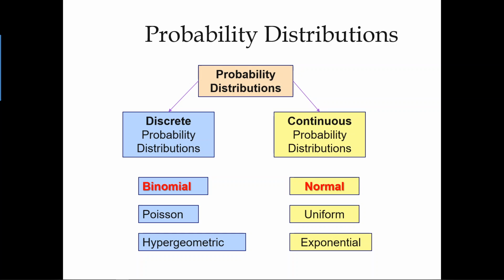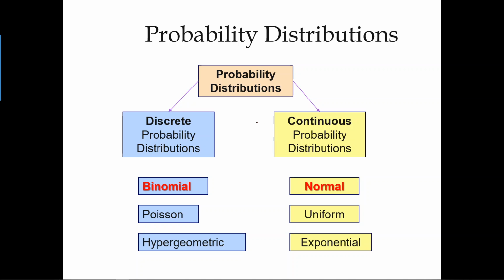So let's look at, in general, how many different kinds of mathematical formulas we have to describe a random variable. Generally speaking, we have discrete random variables and continuous random variables.